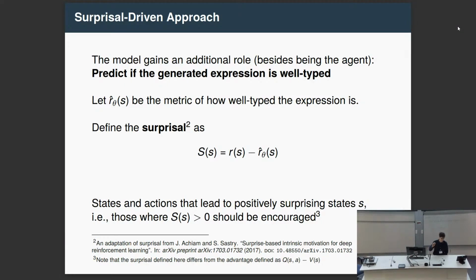Basically, when you train to maximize surprisal, it can also maximize surprisal by making the type checker model bad. Do you have gradient freezing here to prevent that? Yeah, we tried to separate the gradient descent for the type checker and the agent, and this led to slightly better results. That makes sense. It didn't make much of a difference.